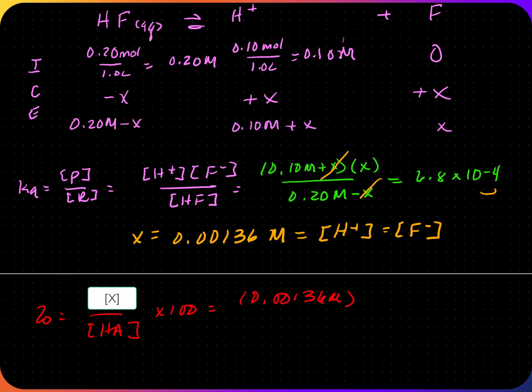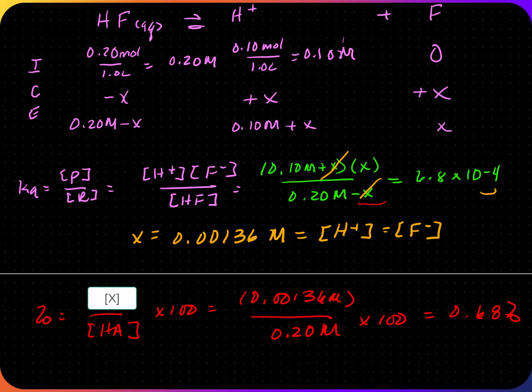That is 0.00136 molar for F minus, divided by 0.20 molar, times 100. This is going to equal 0.68%. So the 5% rule is valid.